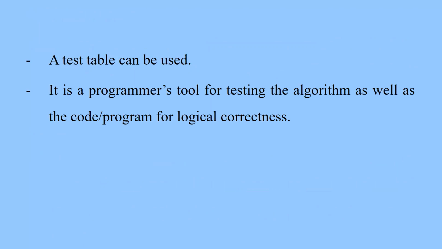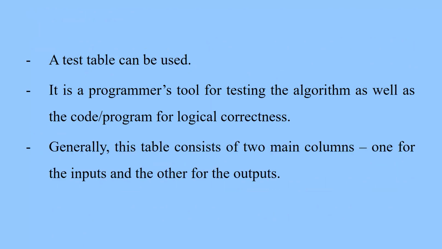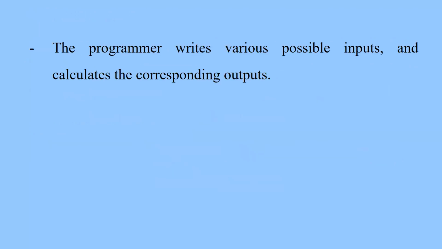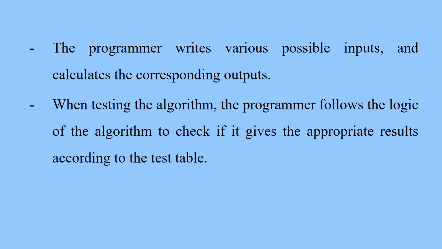A test table is a programmer's tool for testing the algorithm, as well as the code of the program, for logical correctness. Generally, this table consists of two main columns, one for the inputs and the other one for the outputs. The programmer writes various possible inputs and calculates the corresponding outputs.